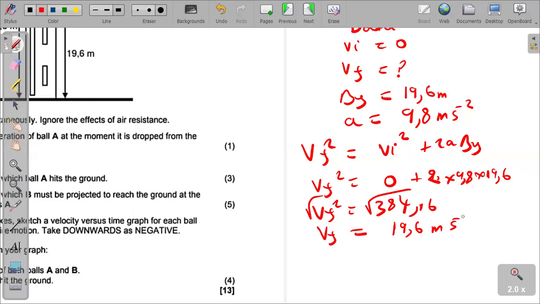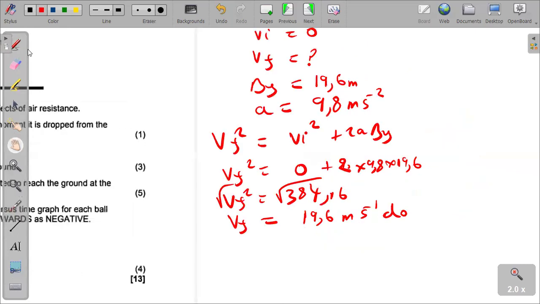The question simply said, calculate the final velocity, so we need the magnitude and also the direction. Right now we have just calculated the magnitude. The direction is downwards, so it's 19.6 meters per second downwards. Remember, velocities are vectors. They have both magnitude and direction. So we have calculated 4.2.1.